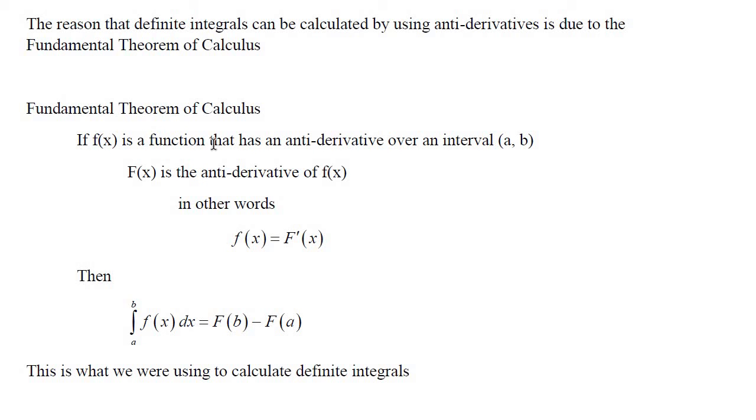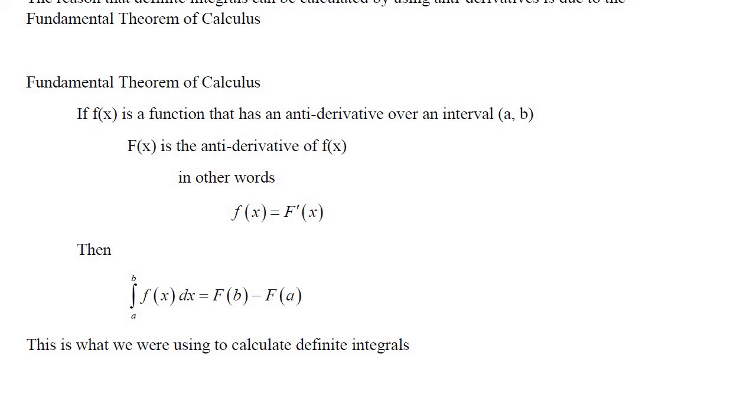If f of x is some function that has an antiderivative over an interval from a to b, that is capital F of x, so capital F of x is the antiderivative of little f of x, in other words, if we take the derivative of capital F of x, we get little f of x, then the definite integral from a to b of little f of x dx is equal to the antiderivative when we plug in the top number minus the antiderivative when we plug in the bottom number. And this is what we've been using to calculate those definite integrals.